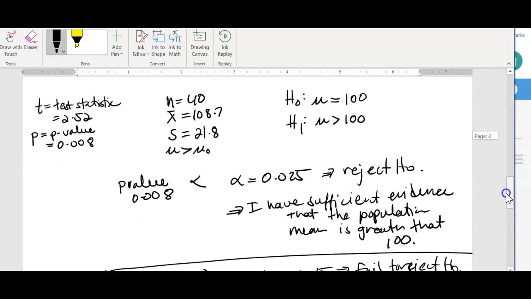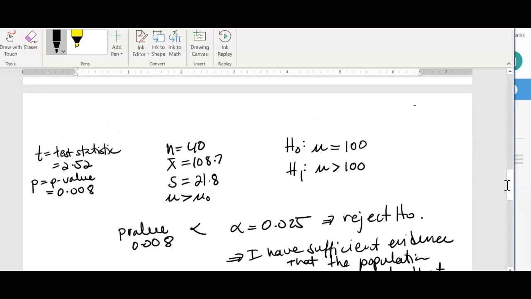Your test statistic has to do with your sampling distribution. So remember what's happening here. We are assuming the mean was 100, because from chapter 8, mu x bar is the mu that you're assuming to be true, which is 100.